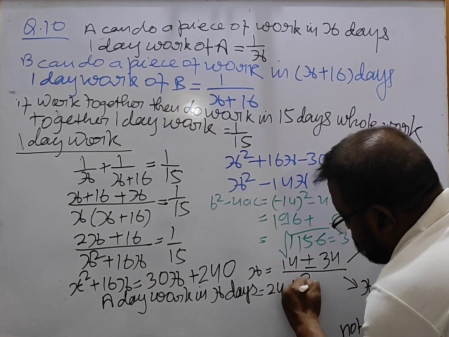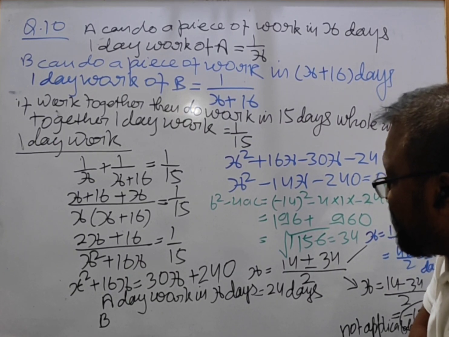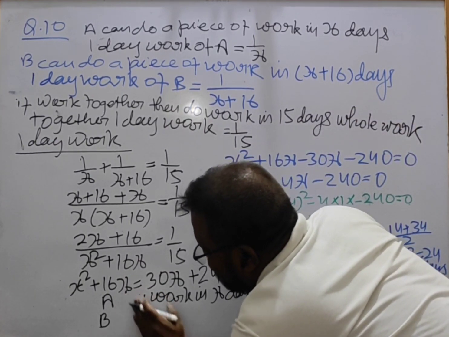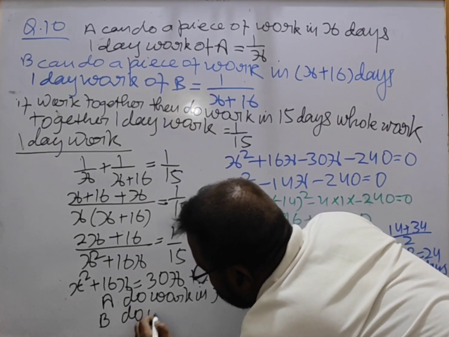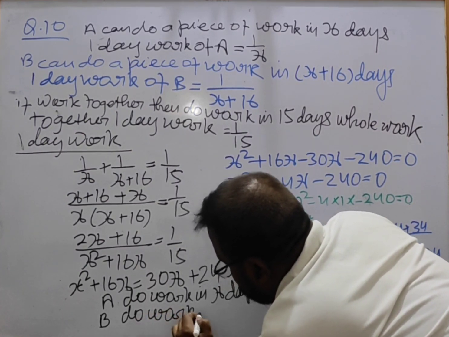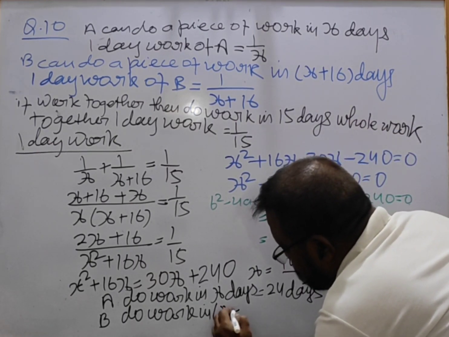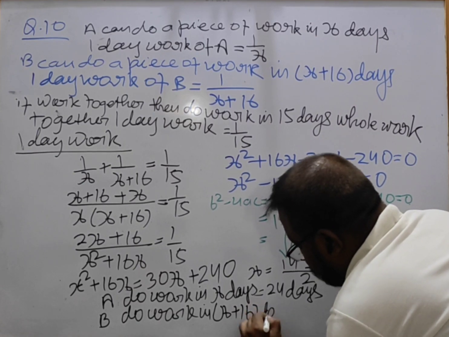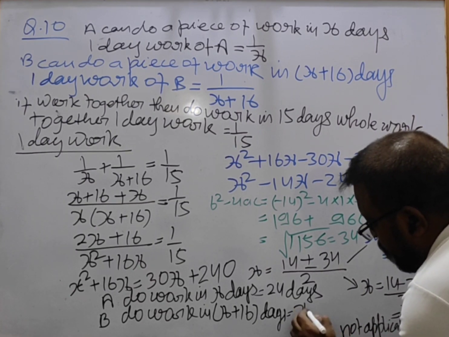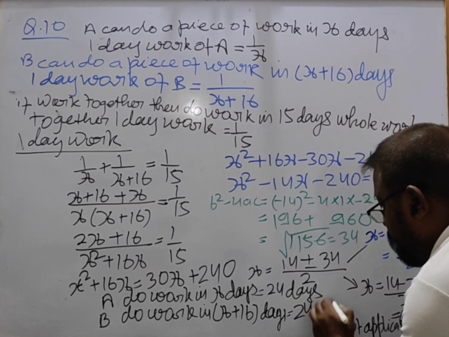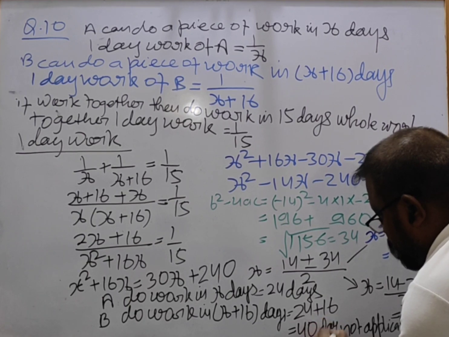And B does the work in X plus 16 days, so it means 24 plus 16 is equal to 40 days.